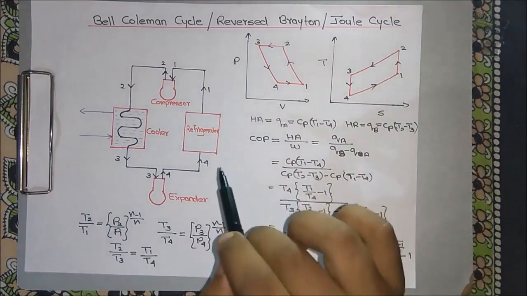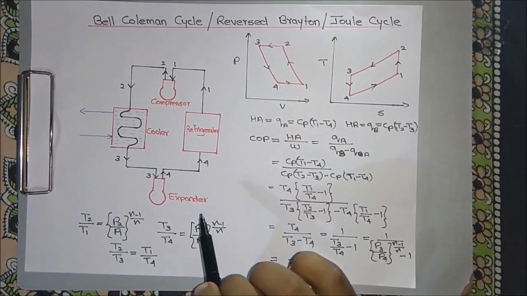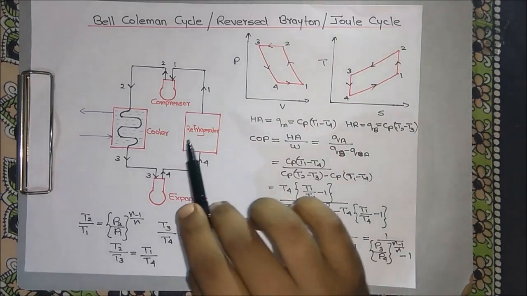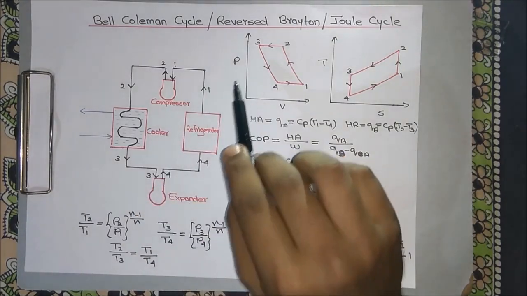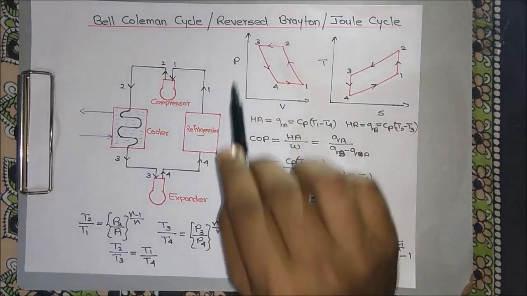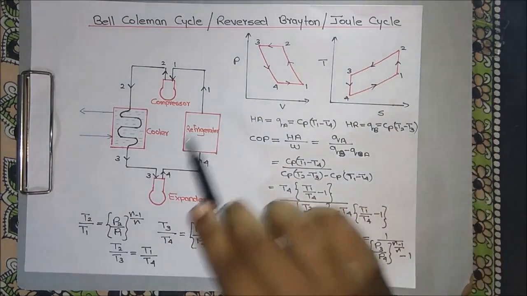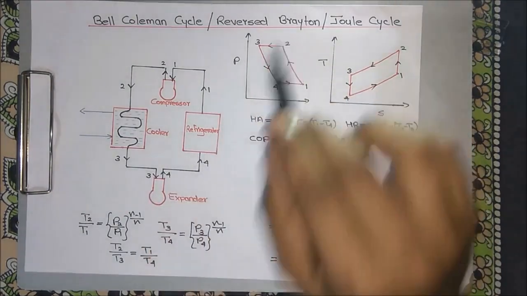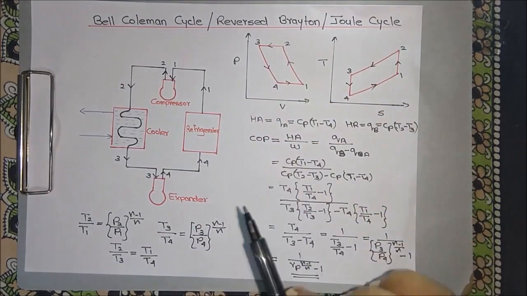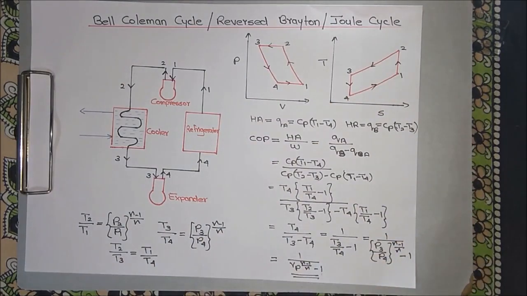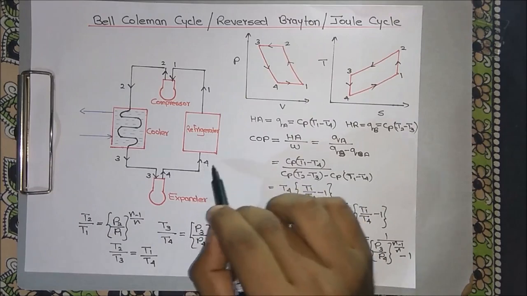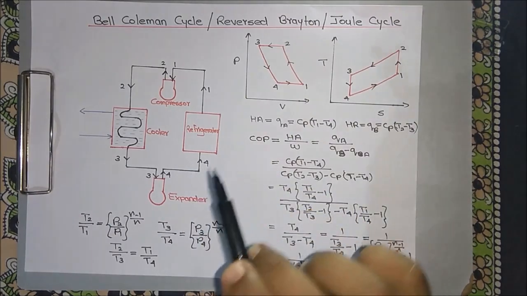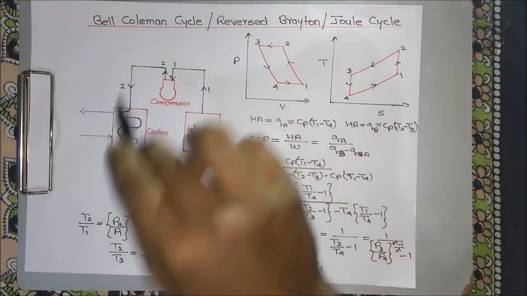So the processes involved in the Bell-Coleman cycle can be explained with the help of this diagram, and I will explain the PV and TS diagram with this explanation. So first of all, consider the refrigerant at state 4. This is one of the states of the refrigerant in the cycle.